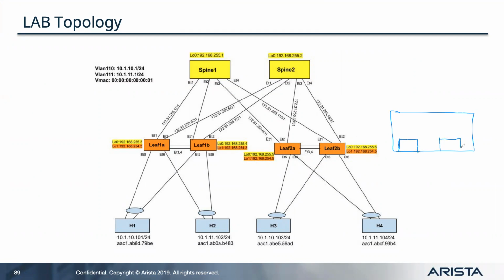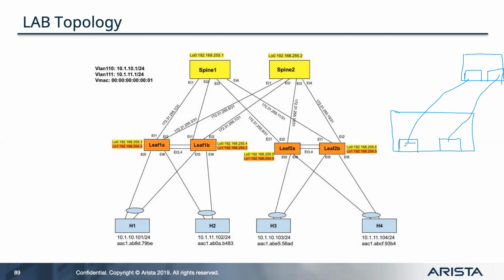And this is an in-between device like spine one. Now one way is to have BGP neighborship to exchange routes between all the VRFs, VRF to VRF.